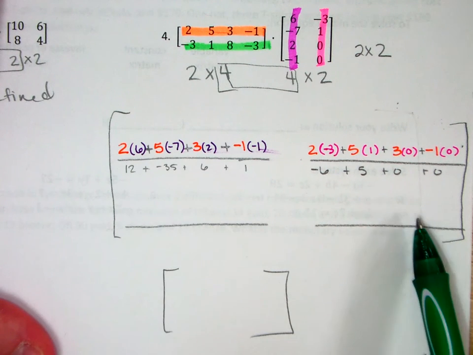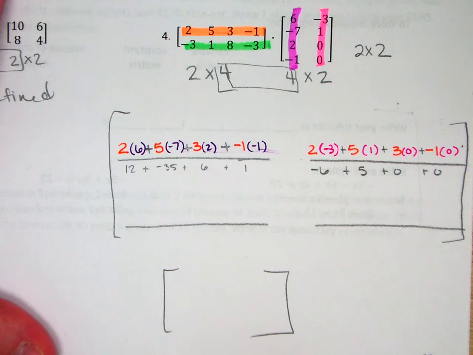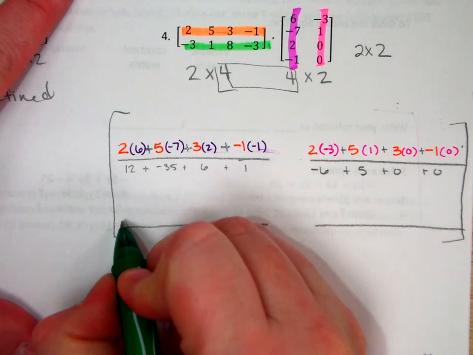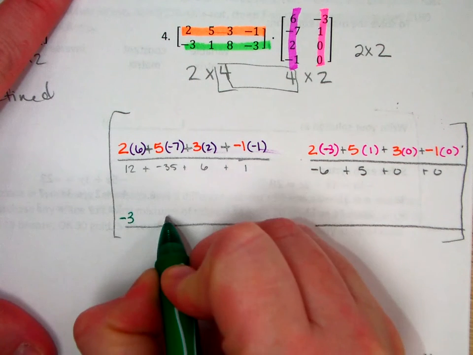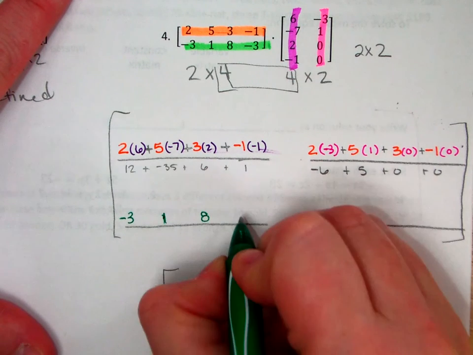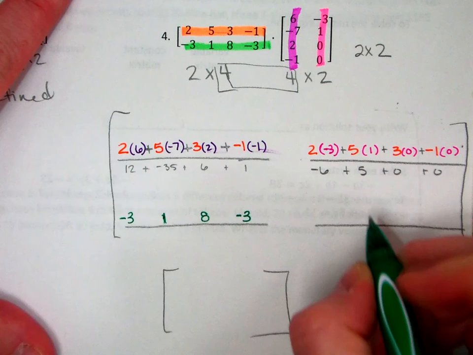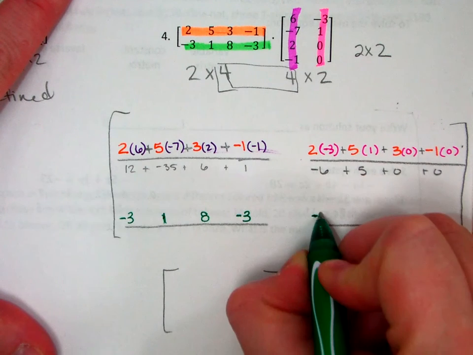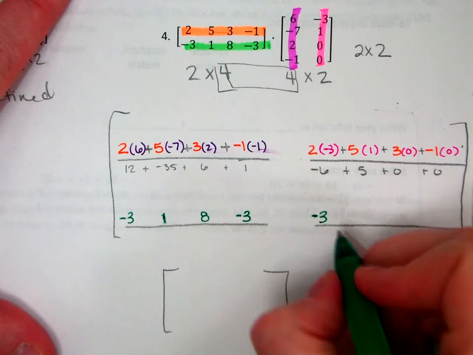So now I'm in row 2. To make this faster for myself, I try to write in one color all at the same time. So I know I have a negative 3, 1, 8, negative 3, and I'm just going to rewrite these numbers over here because I'm going to do the same thing twice as you saw up above.